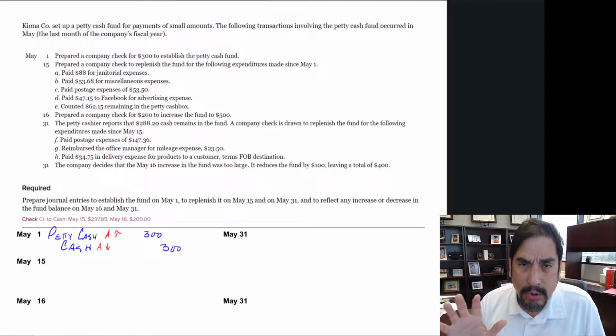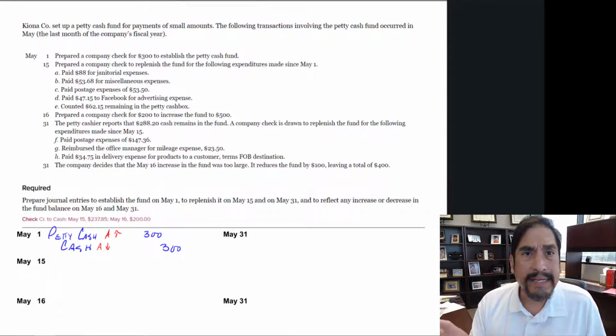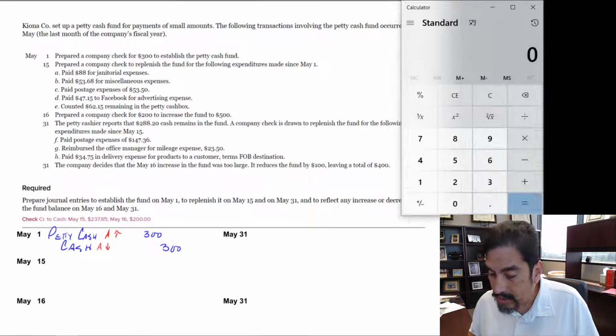So what's supposed to happen is at any time we go and we get this petty cash box, open it up and count the receipts and the cash, it should come back to the amount that's in there. In this case, $300. So I'm just going to check that.